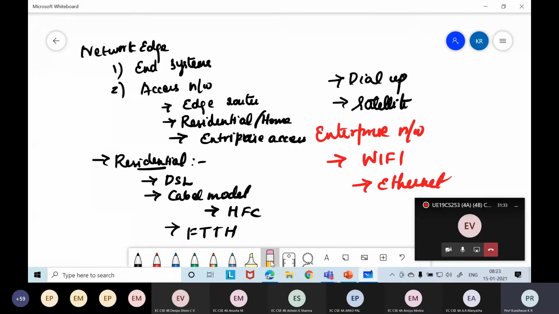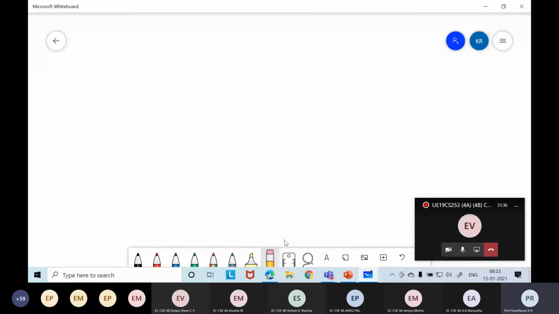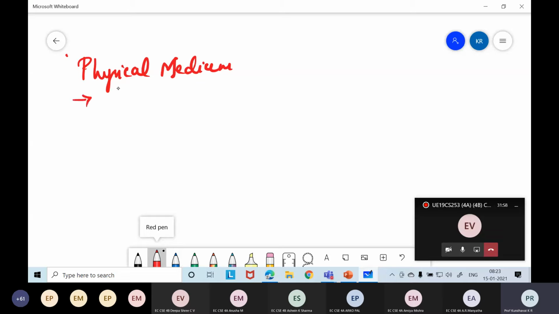Today's class we will be seeing about physical medium. Just a quick gist before I get on to the PPT. There are two types: guided and unguided.